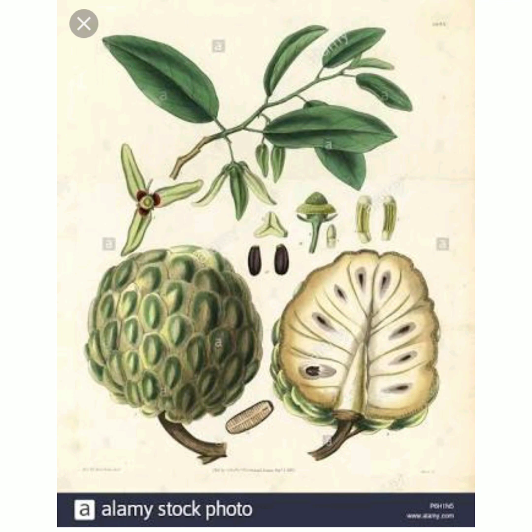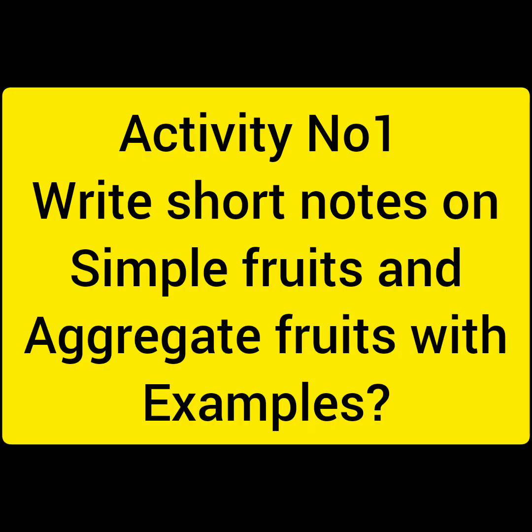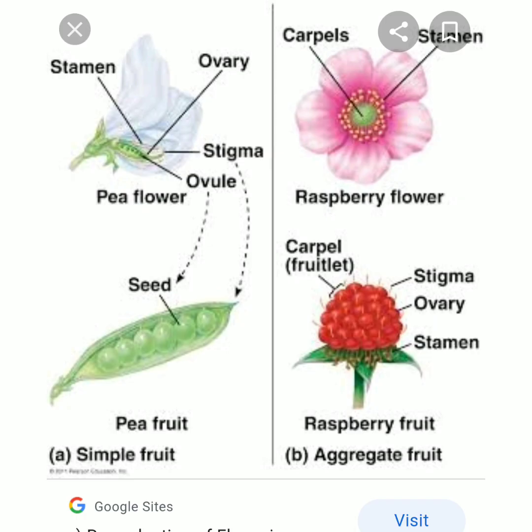So here is our first activity. Activity number 1. Write short notes on simple fruits and aggregate fruits with examples. Simple fruits are fruits that develop from a single flower.